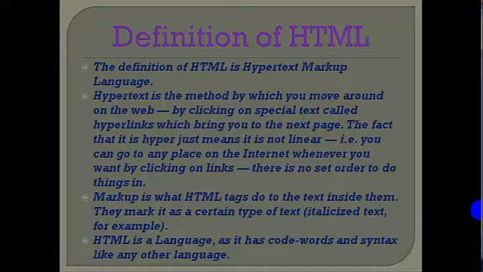The markup tells the web browser how to display a web page's words and images for the user. Each individual markup code is referred to as an element. Many people also refer to it as a tag. Some elements come in pairs that indicate when some display effect is to begin and when it is to end.